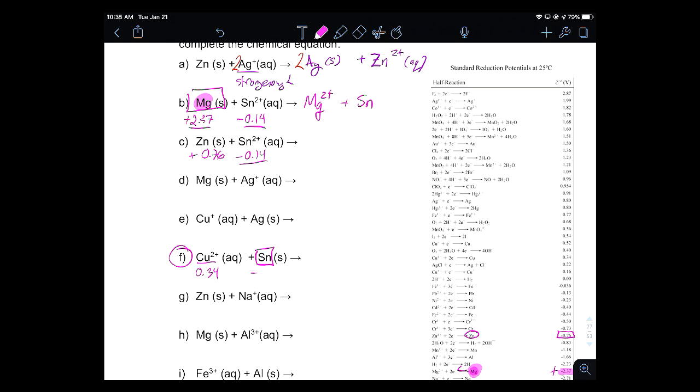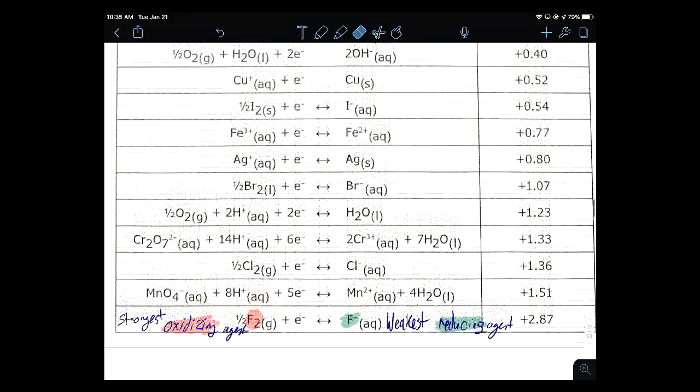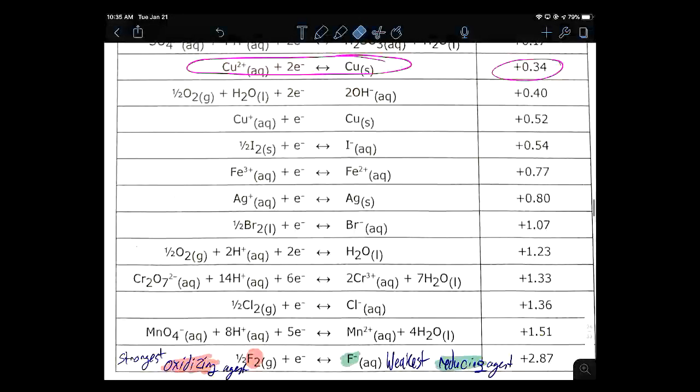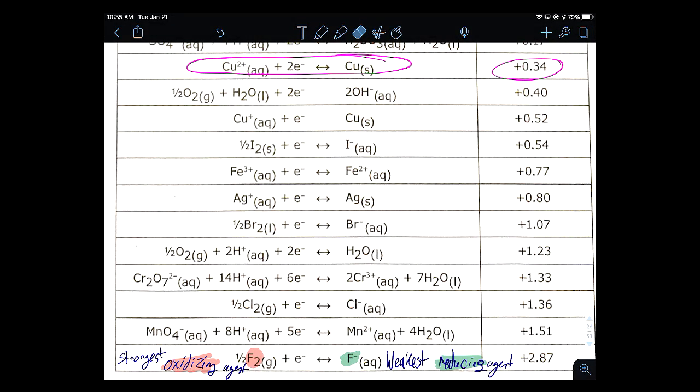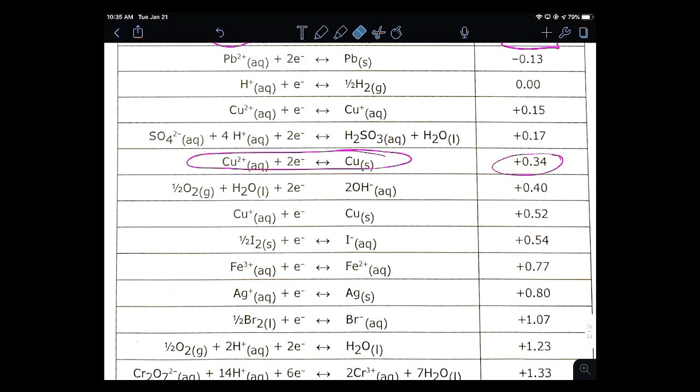And then let's go find tin. Hopefully tin's on this series. Uh-oh. Anybody see tin here? Is that tin?